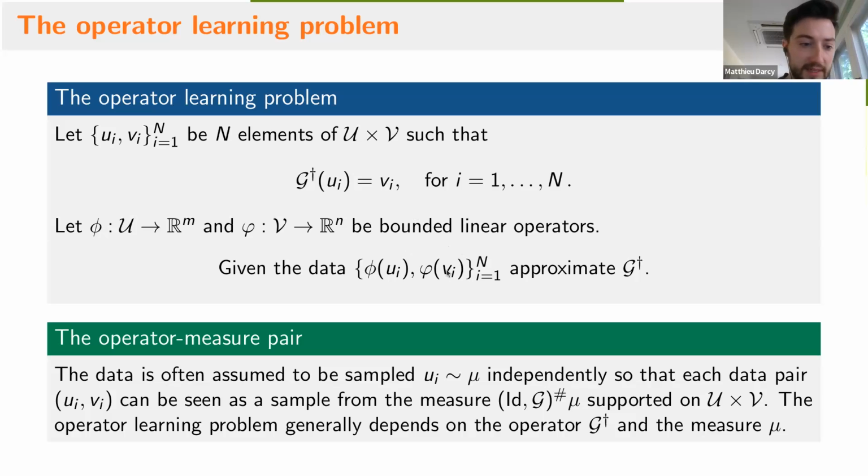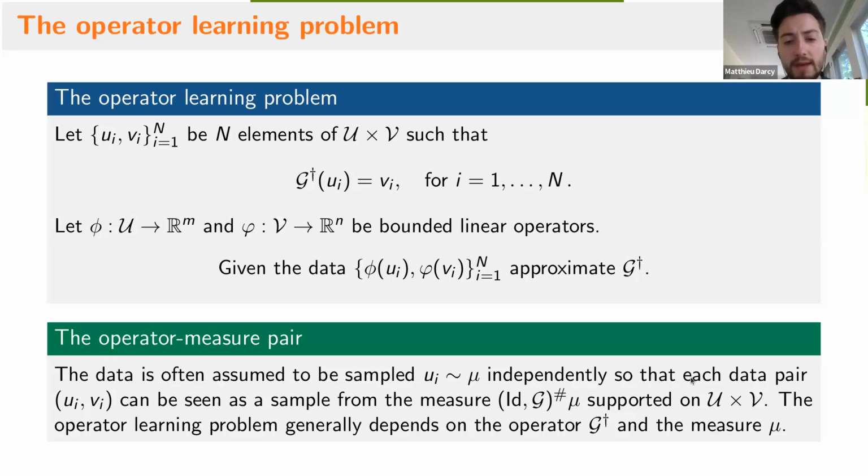Another thing to keep in mind as well is that in operator learning, typically people assume that the training data that you get is sampled IID from some underlying measure mu. And therefore the UI and VI induce some measure which is given by this measure mu and the push forward by this true operator G-dagger, supported on this space.